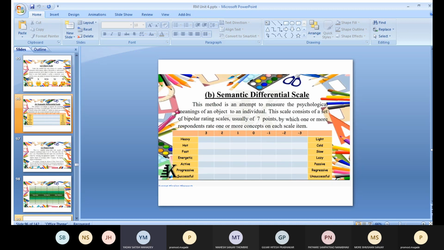Yes, sir. Okay, so write down the second point, semantic differential scale.